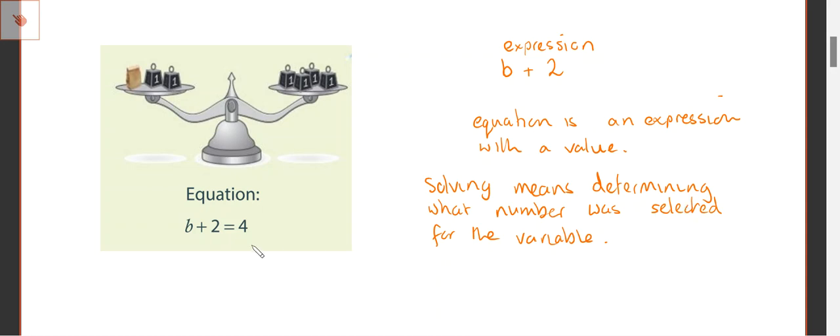The set of scales represents the equal sign. We're saying that b plus 2 and 4 have the same value. If they were on a set of scales and they weren't balanced, we wouldn't be able to make an equal sign. Exactly. So the scales represent the equal sign.